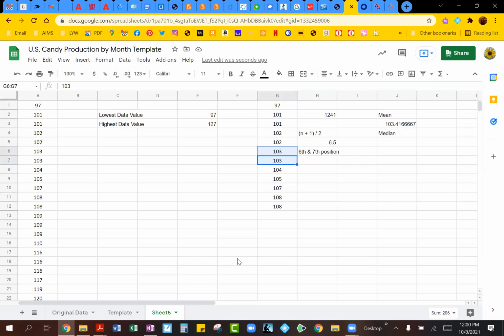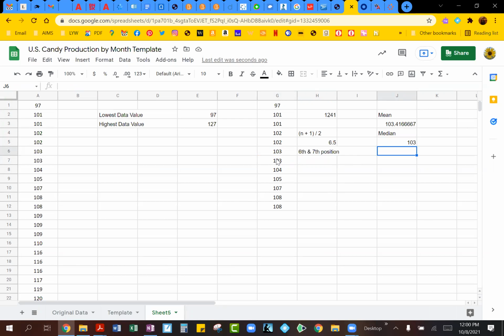You will see again, we land back at 103 and 103. Now in this example, it happens to be the same number, but obviously that's not going to be true for all of them. So for our median, what you have to do, like I said, is add the numbers in those two positions and then take its average. So divide by 2.